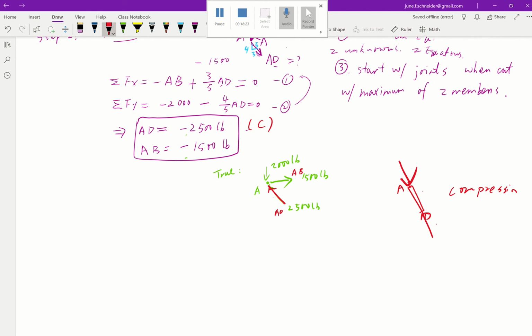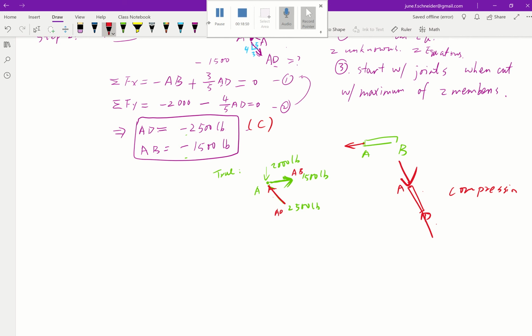Member AB is doing what? Member AB is pulling joint A away. And what do you think? If AB is pulling joint A away, Newton's third law says joint A is going to push, bring you back, right?